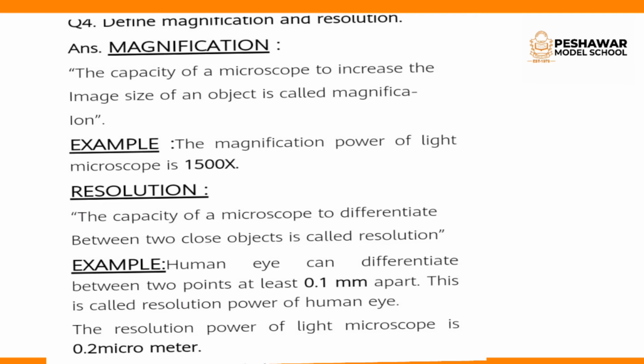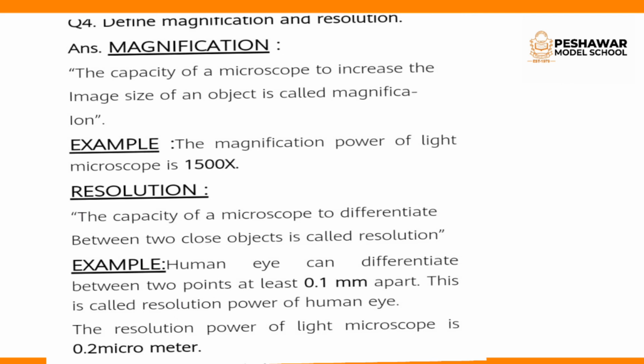Clear? What is resolution? The capacity of a microscope to differentiate between two close objects is called resolution. Whenever two things are placed in close proximity, very close to each other, and we can't differentiate the two things separately, but the microscope gives us the differentiation between these two things, this is known as the resolution power of a microscope.